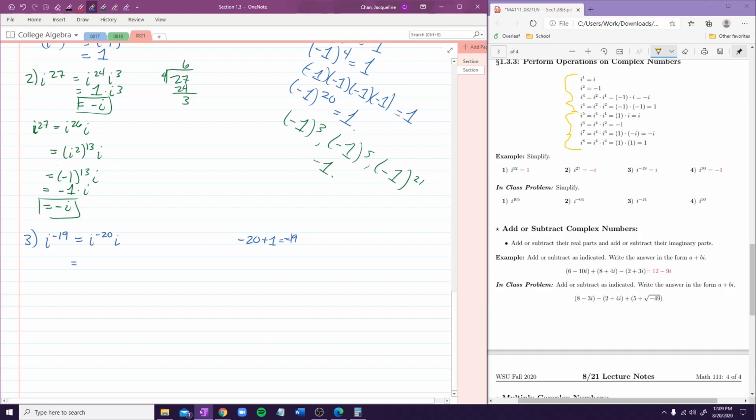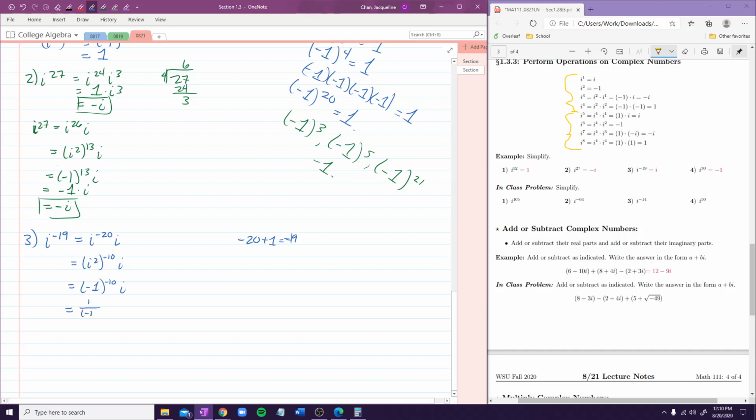What we're going to do now is, if you want to do the 4, that's fine, but I'll go ahead and just do the squared. So if I have i squared, 2 times what is equal to negative 20? That's negative 10. Okay, so then we'll get negative 1 to the negative 10th i. Alright, what does the negative 10 mean? The negative 10 just means I'm going to bring this down.